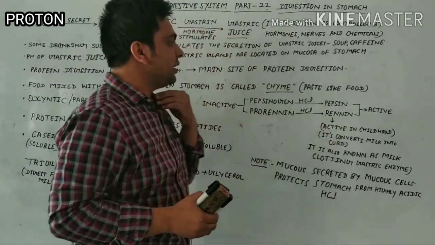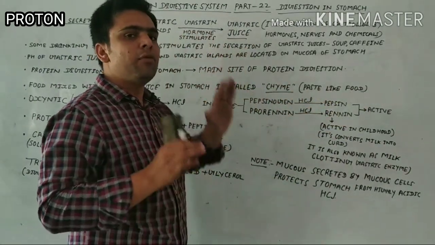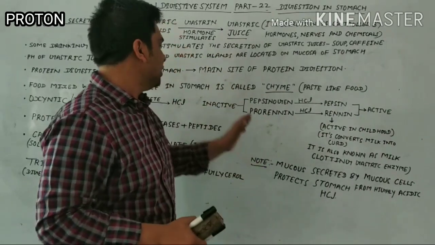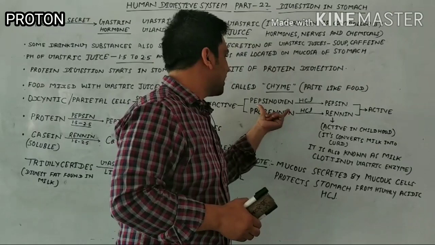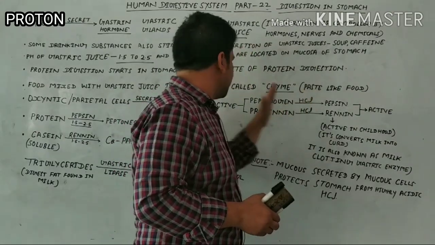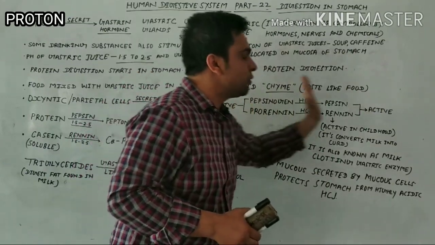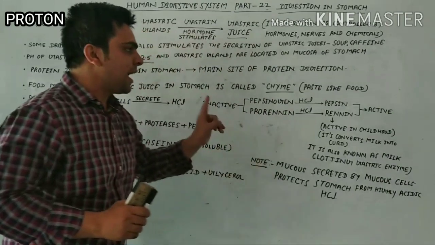These are the active forms and these are the inactive forms. When food enters our stomach, HCl activates these two enzymes. So HCl converts these inactive enzymes into their active forms. This is an important function of HCl.